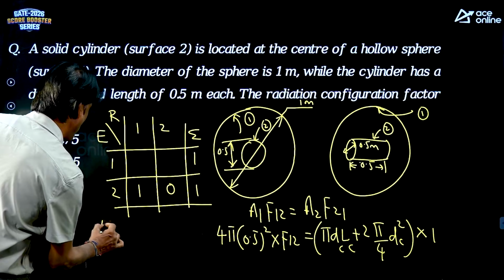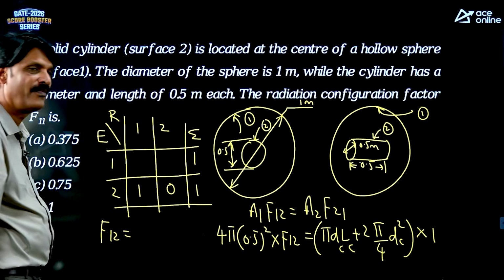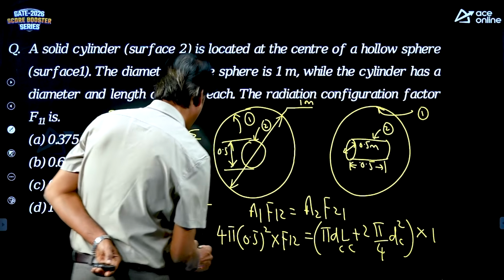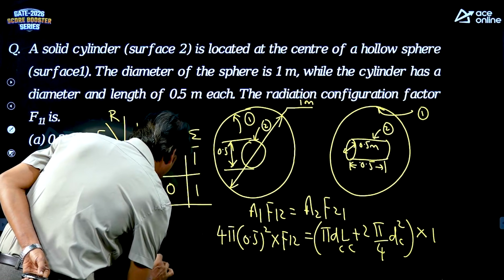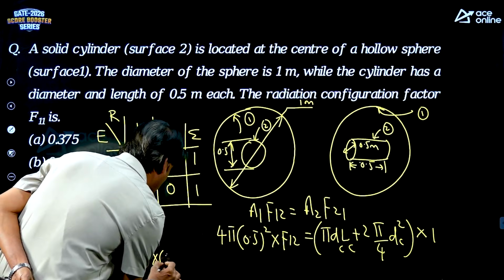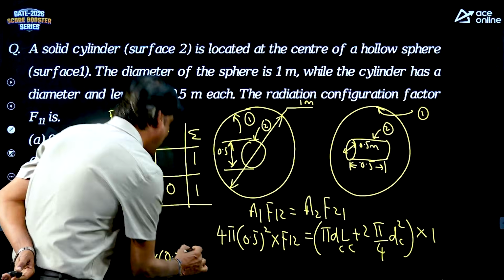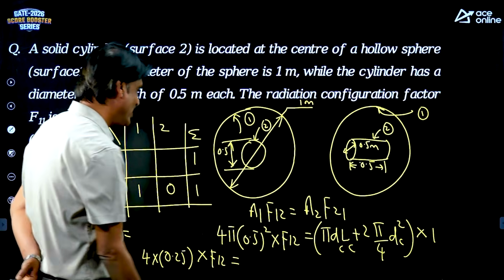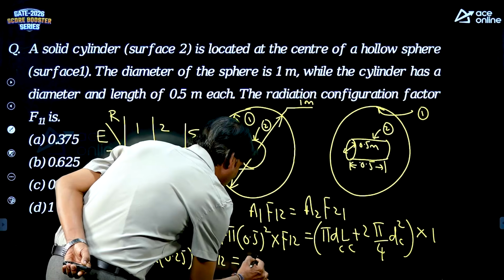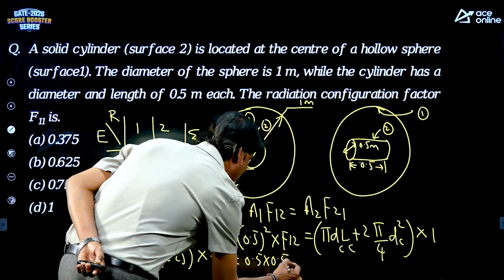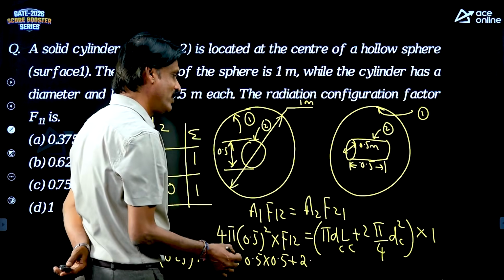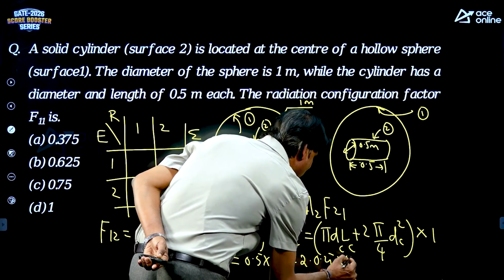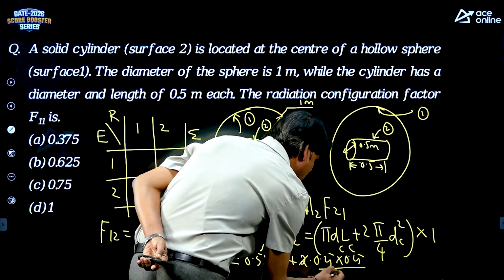So I will get F1 on 2. Pi and pi get cancelled. This is 4 into 0.25 into F1 on 2 is equal to diameter 0.5 into 0.5 plus 2 into 0.25 into 0.25 divided by 4.